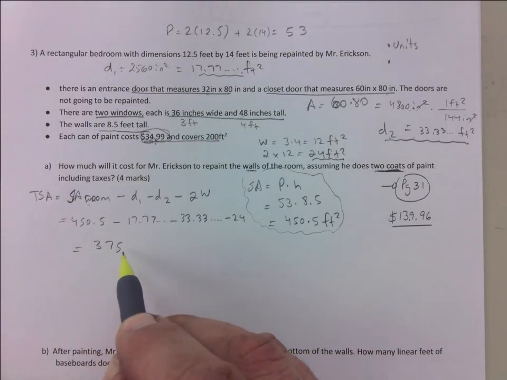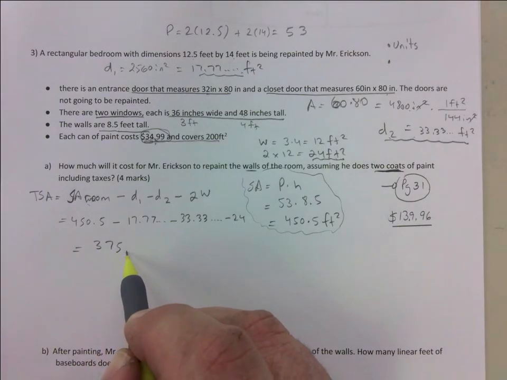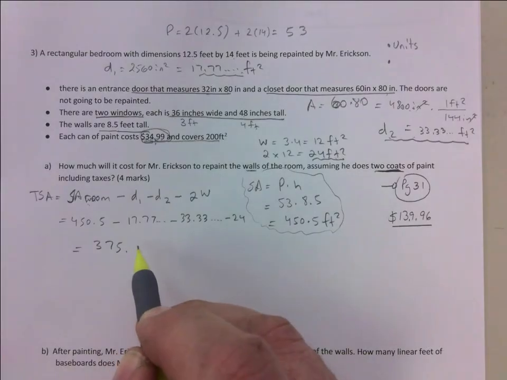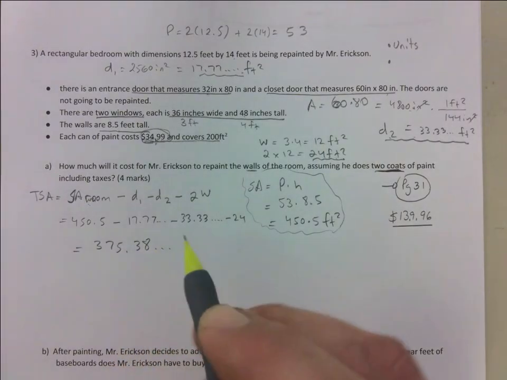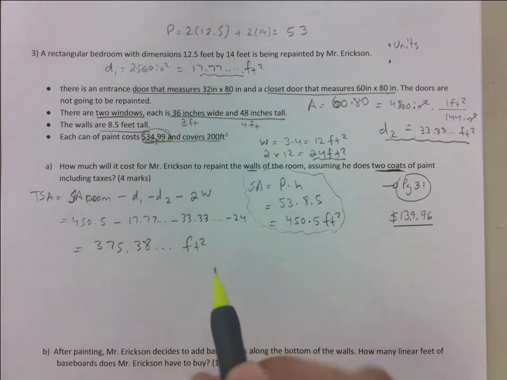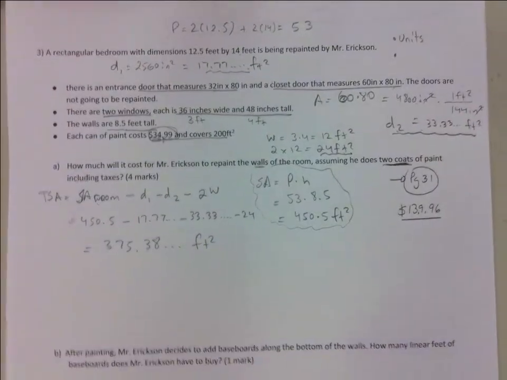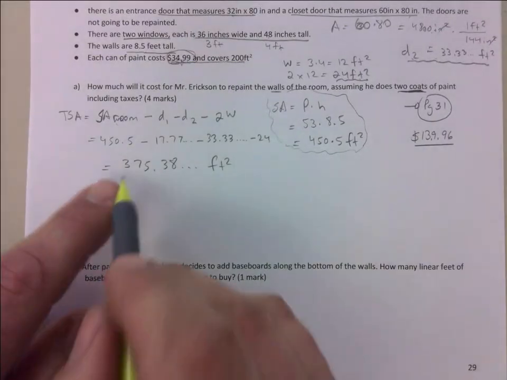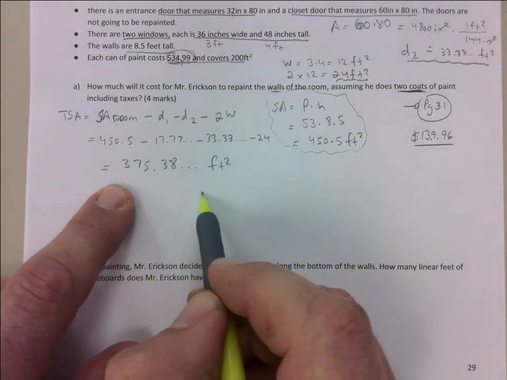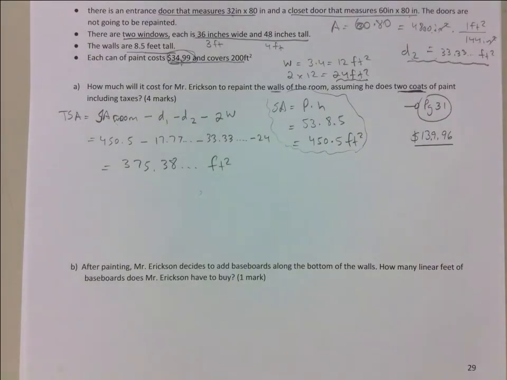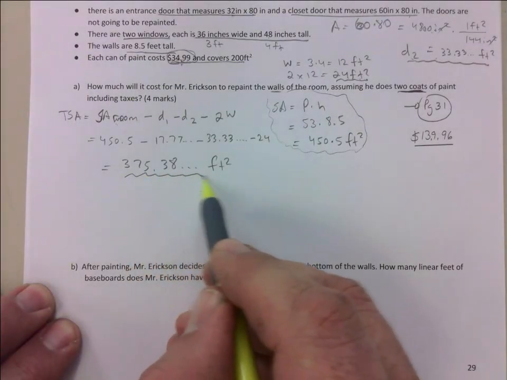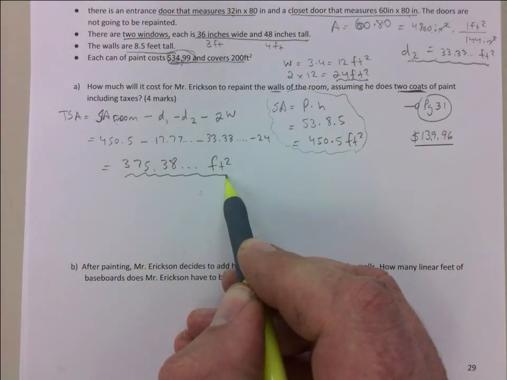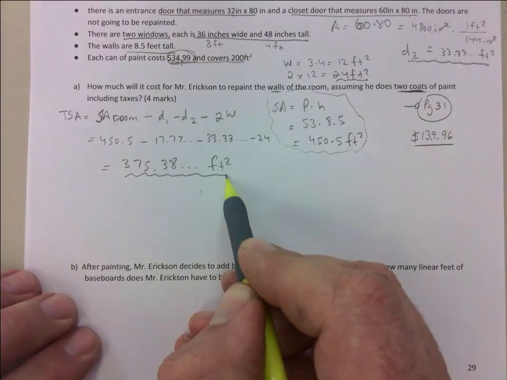That's 375.38, that keeps going, square feet to be painted. Okay, so now we know that this is what we need to paint, actually paint. If we remove all the non-paintable surfaces, this is a very important number to arrive to. Got it?